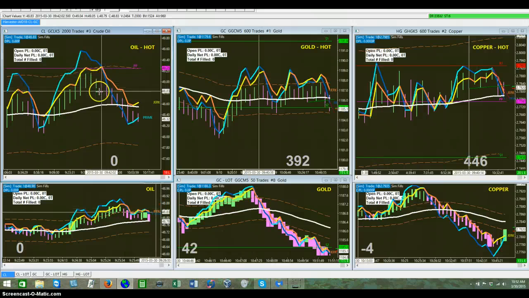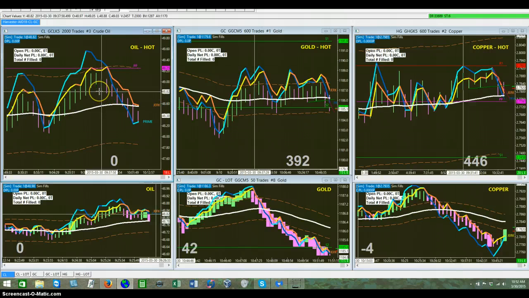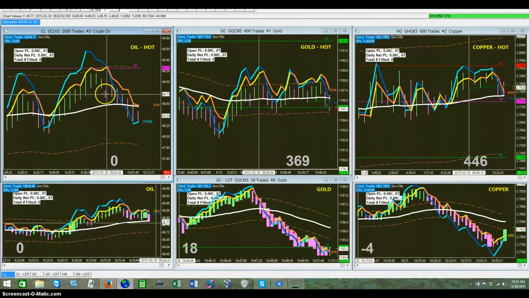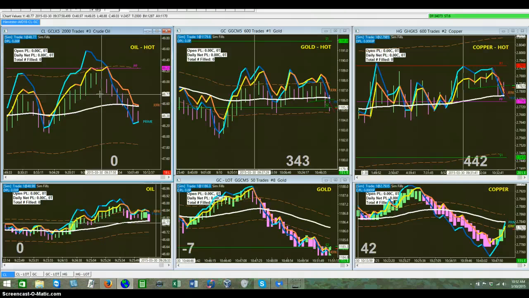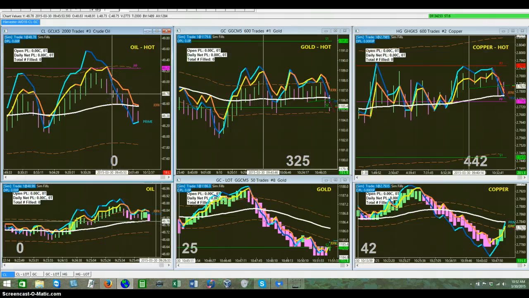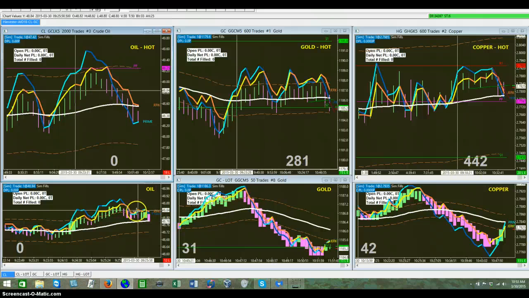First, we'll get a red bar, and then I would place a sell stop, in this case at this price, 48.77, and if I get taken, we stay in it. And this is now at 9:45.